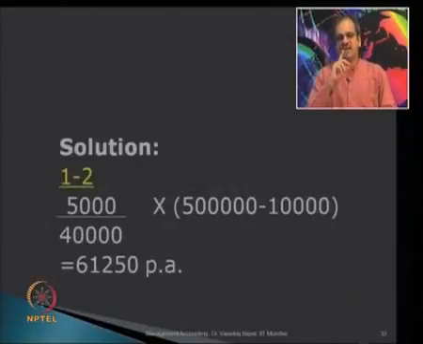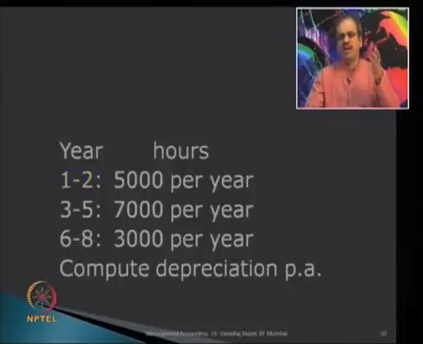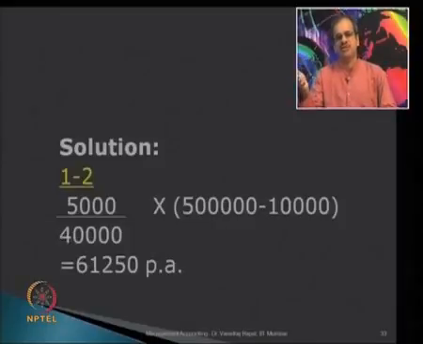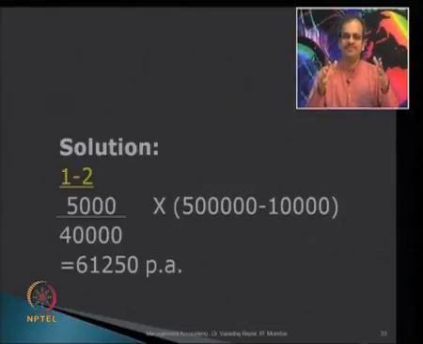So, here you can see in years 1 and 2 what is expected is only 5,000 hours of usage. So, 5,000 upon 40,000 into 5 lakh minus 10,000, which is the depreciable amount. So, depreciation comes to 61,250 per annum. Are you getting me?